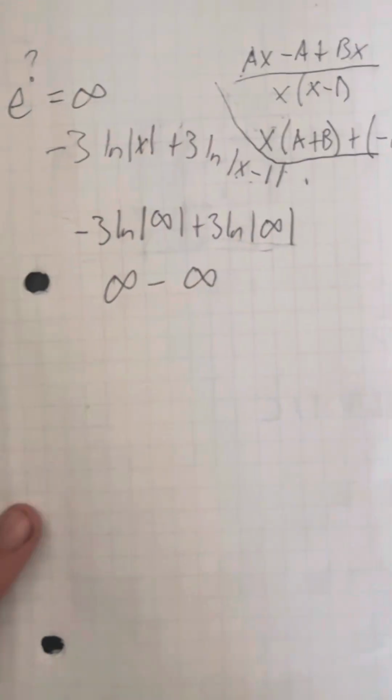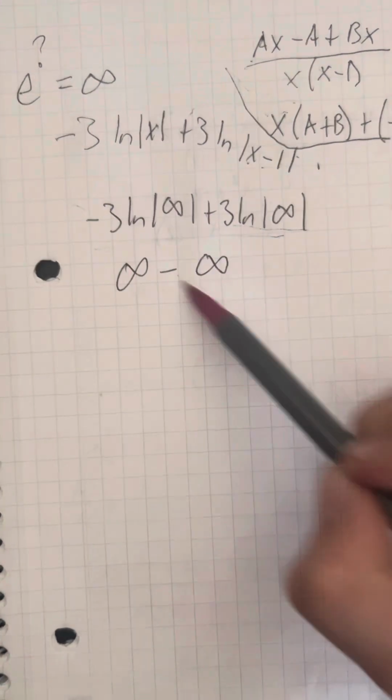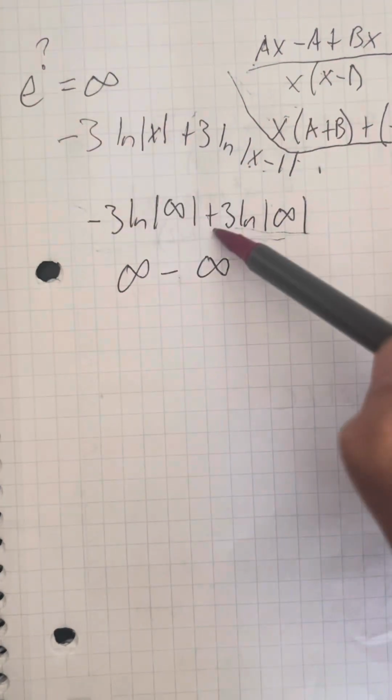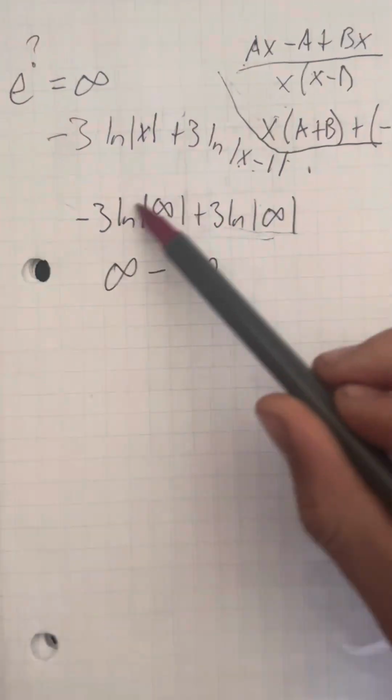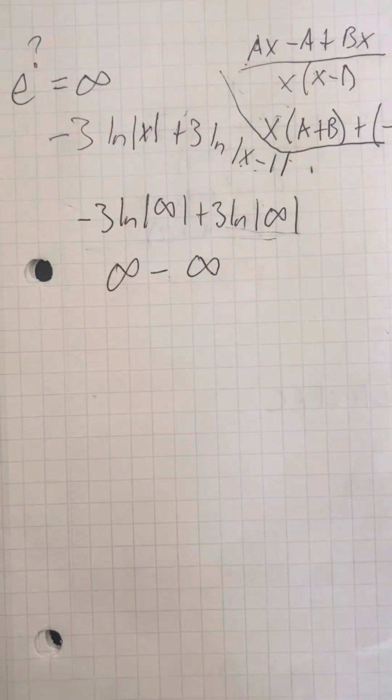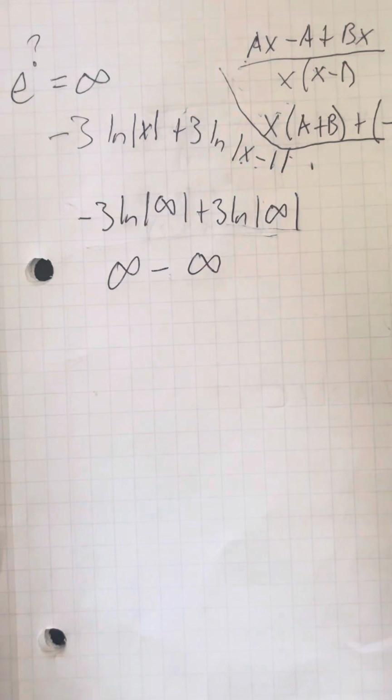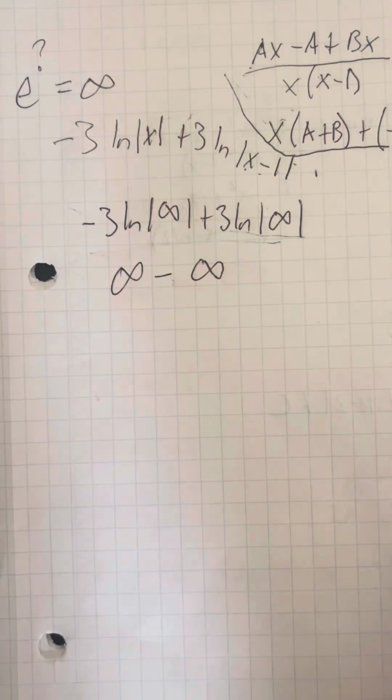Now let's go back to our problem. So infinity minus infinity is an indeterminate form, and we can't use L'Hopital's rule, because it's not f over g, and I don't know how to make it that form, so instead we're going to be using log rules.